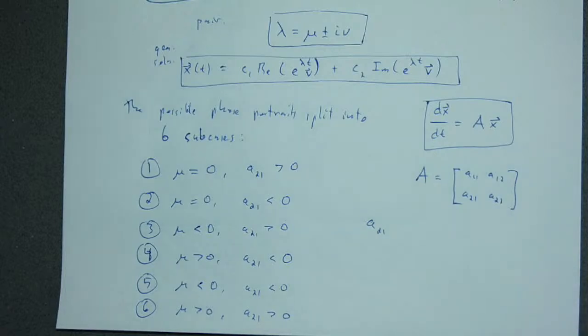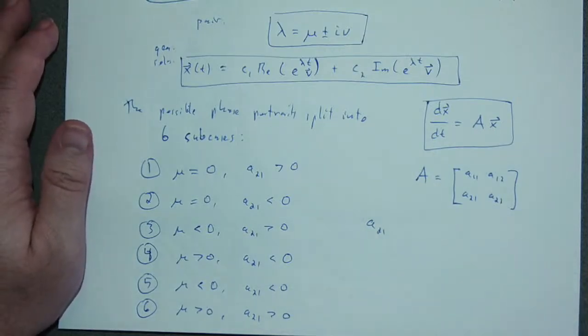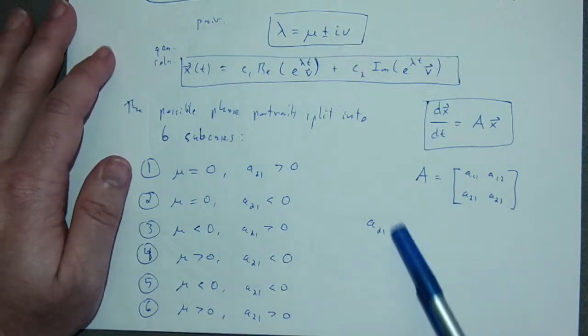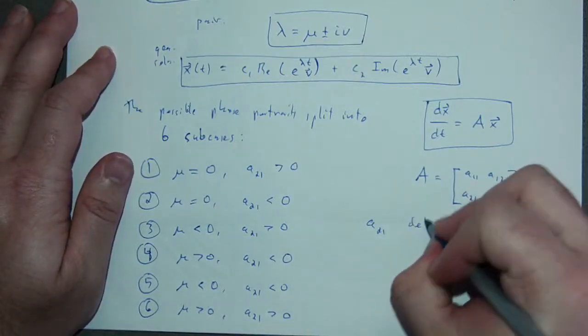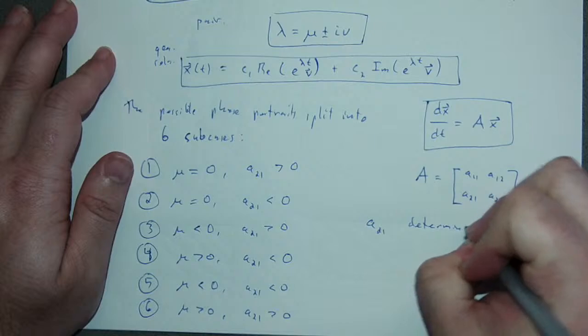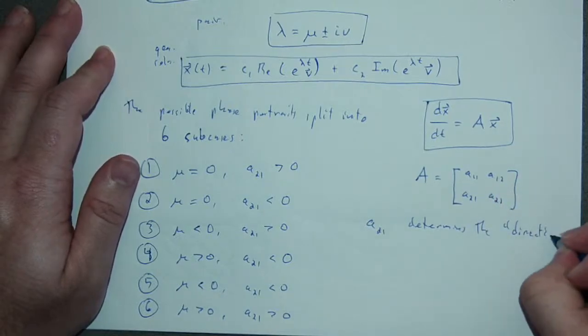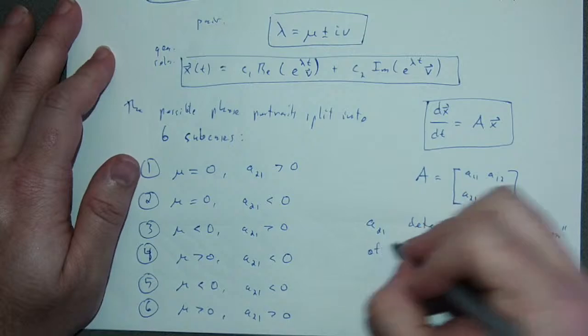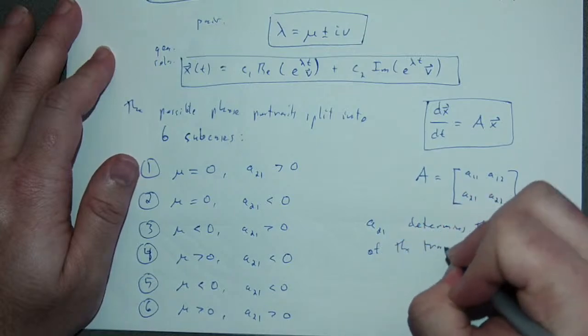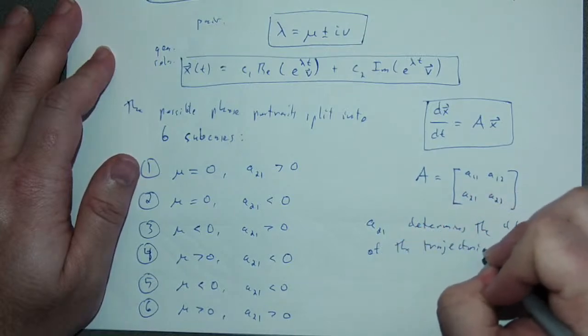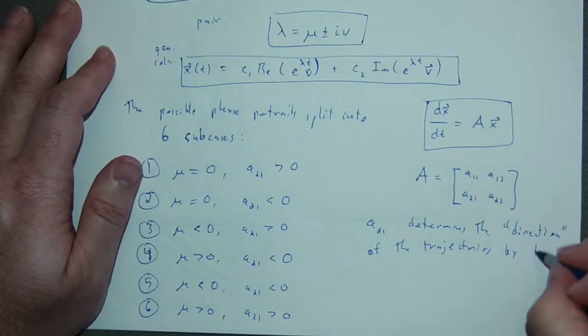So it wouldn't be possible to have complex eigenvalues if this thing was 0. So that's why it can't be 0. It's got to be positive or negative. Okay, so this is what you get. So A21 determines the direction, you'll see in a second, of the trajectories by the right-hand rule.